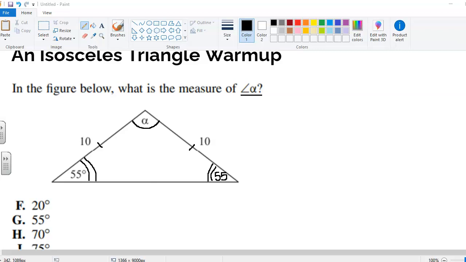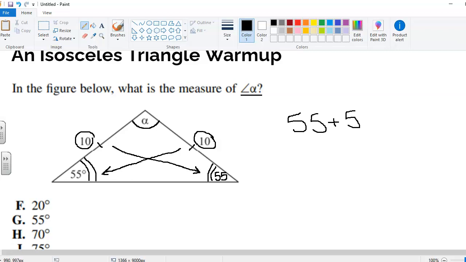You can always tell where the base angles are because the congruent sides point to them. So if you have 2 sides that match up and then go to the opposite angle from those sides, you end up getting the ones that match. As soon as you've made it to that point, you have 2 55s. So you're just going to knock out 55 plus 55, which is 110.